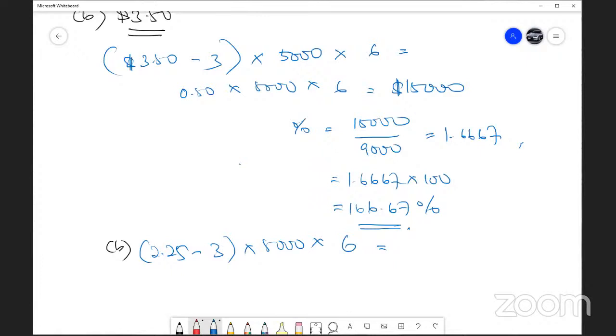How much do you get? This one will give you a negative figure. You realize, it's a loss, the price went down. So in RM, it's negative 22,500.